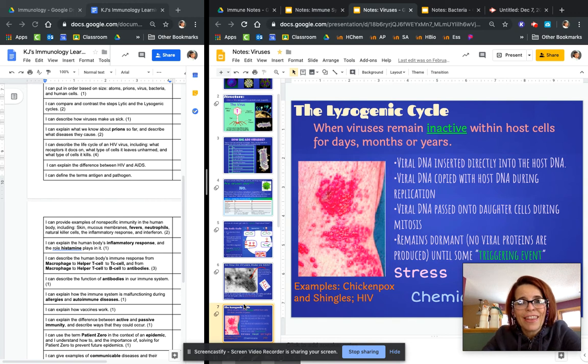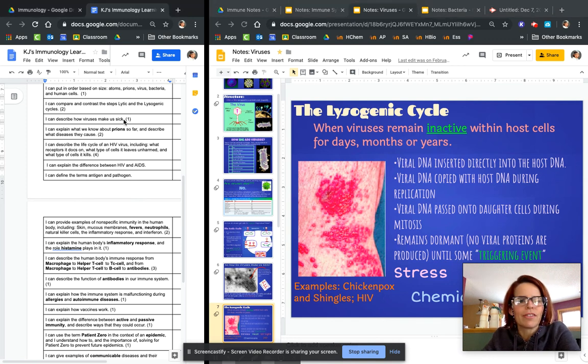And then all of a sudden the virus starts replicating inside of our cells and then starts bursting out of our cells. So the takeaway, the difference between the lytic and lysogenic cycle is time. The lysogenic cycle, the virus sits dormant, sometimes for weeks, months, or years, whereas the lytic cycle happens super fast, happens right away.